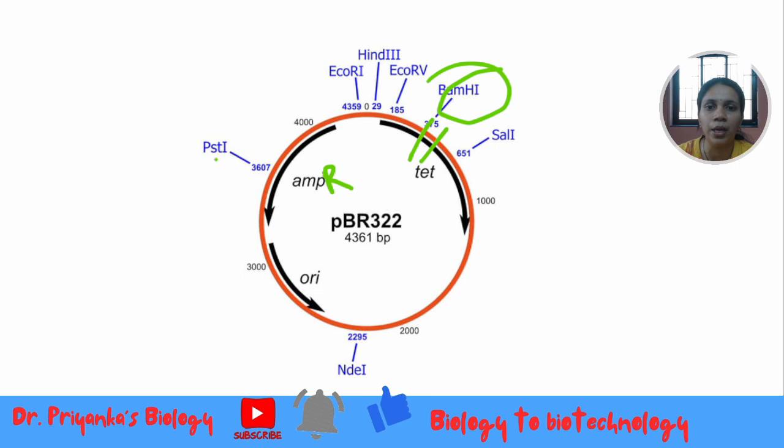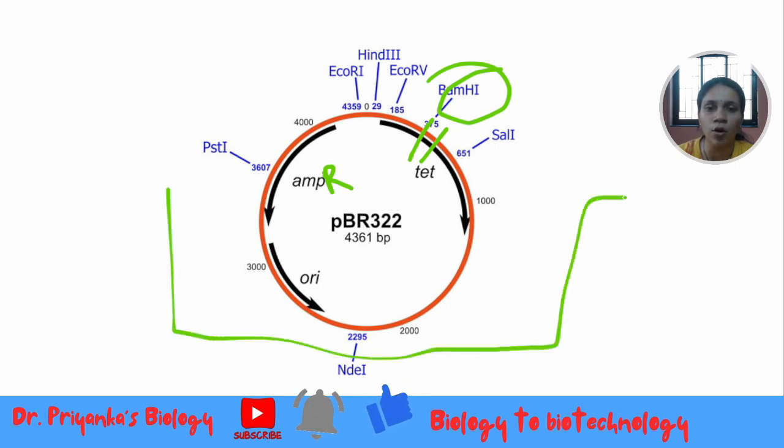Suppose we make such a recombinant and want to select it from the non-recombinant transformants. What we would do is add ampicillin to the culture media.